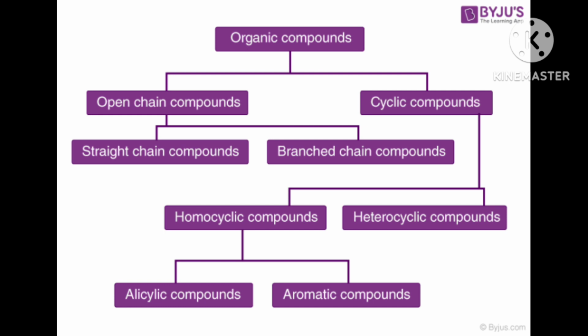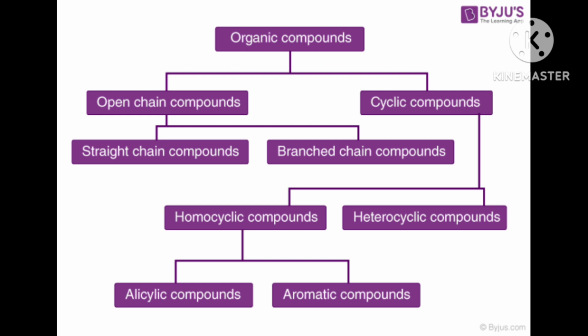Last class I sent so many diagrams. That is called the benzene structure. 6 carbon atoms all joined to each other by alternate double and single bonds. And sometimes the benzene structure will be drawn with 6 carbons all joined, and in the middle one circle will be there.